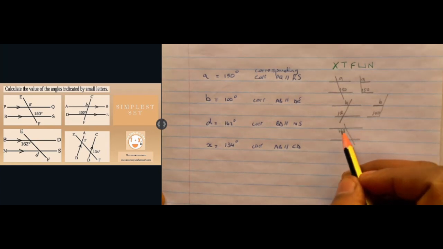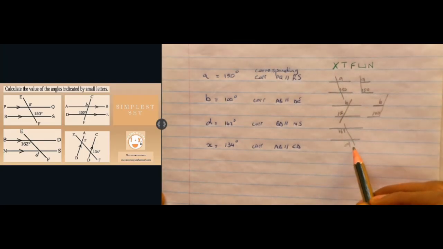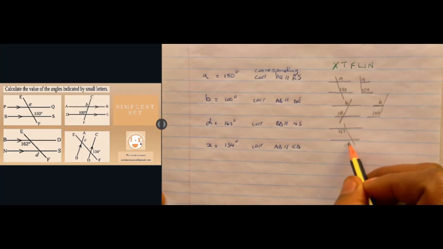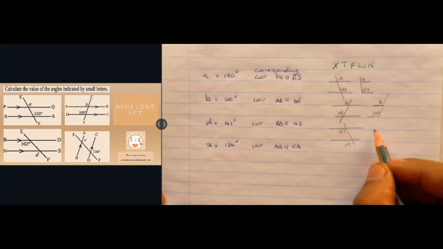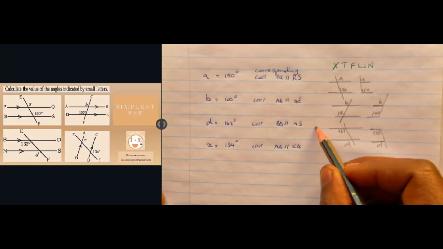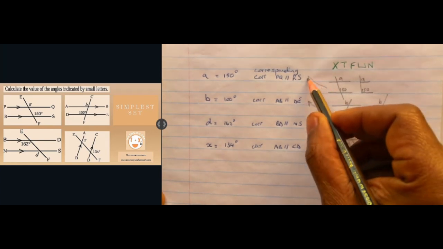So they have the same position of the parallel lines and the transversal, but they've changed the situation. Now look at what the F looks like. The F looks like this. There's 162 and D. So this one goes there, this one goes there, then this one goes there.